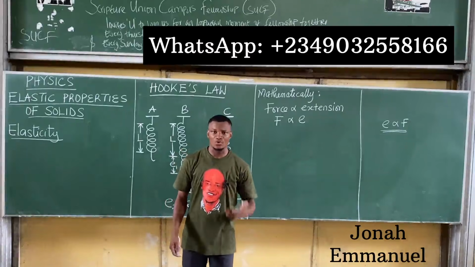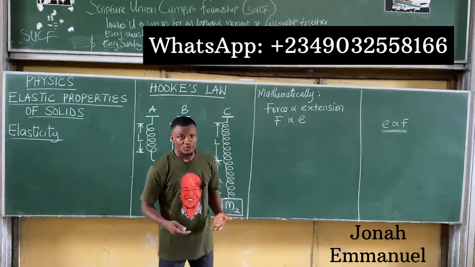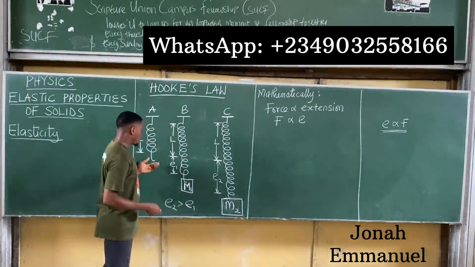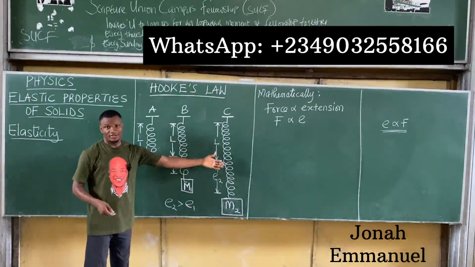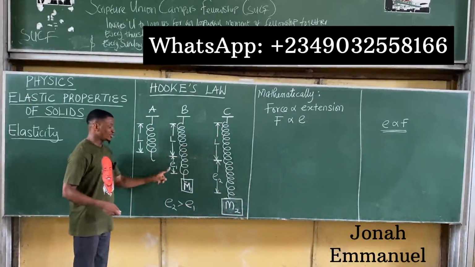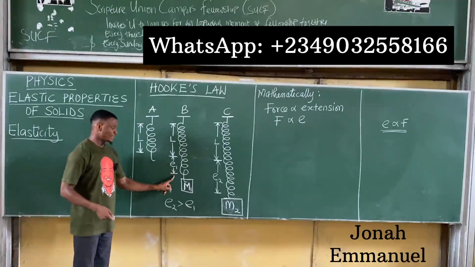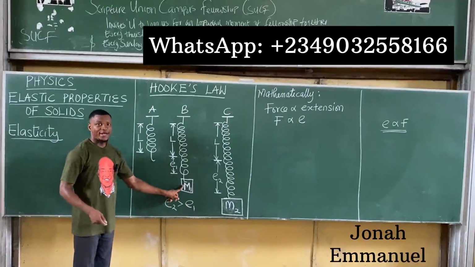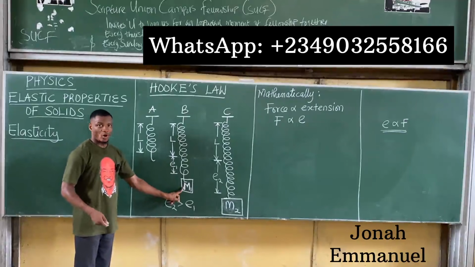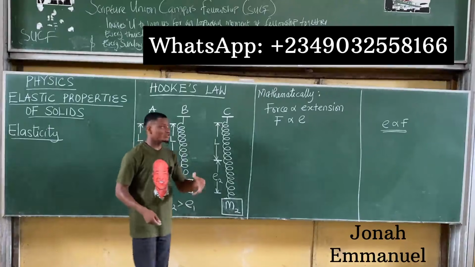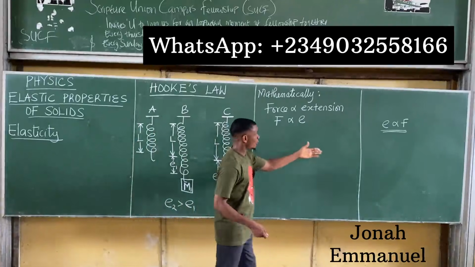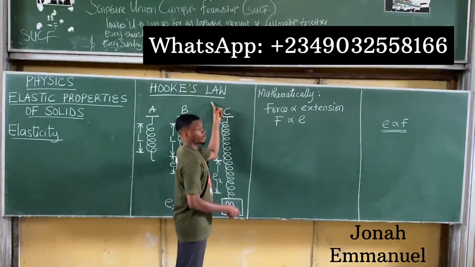Why is it so? The answer is very simple. If I look at diagram ABC, before an extension was produced, a particular mass or weight or load or force was applied.